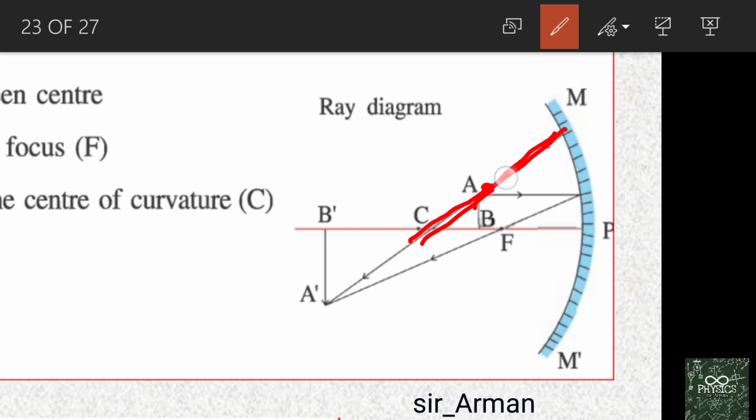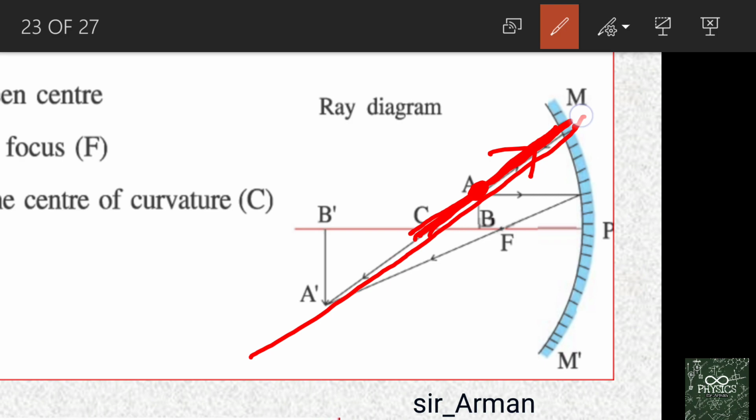It appears that it is passing from the center of curvature. Actually the ray is emerging from this point in the direction of the radius, in the direction of the center of curvature. So it is going like this at this point. So in the rule number 4 we have seen that when the rays are passing from the center of curvature, after reflection, they trace back the same path.